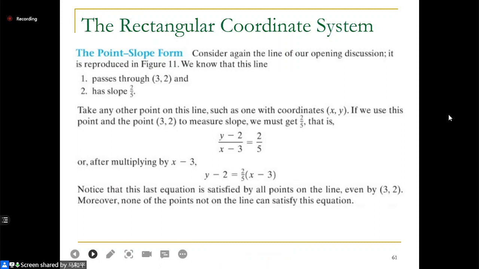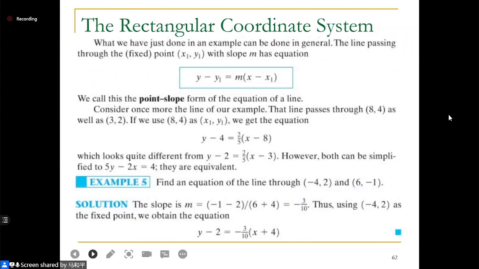We just reviewed the point slope form, and we write this equation. This is the point slope form. This means if we know a fixed point and the slope, we can calculate the equation of this straight line.